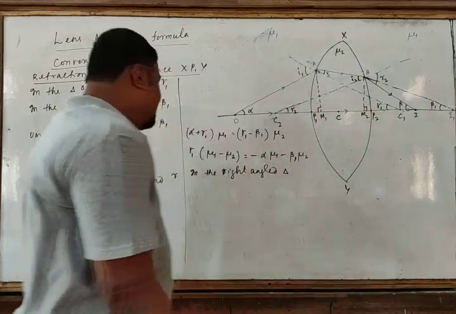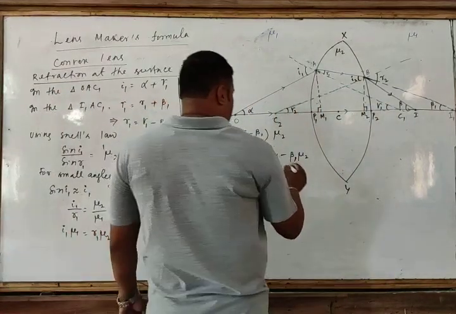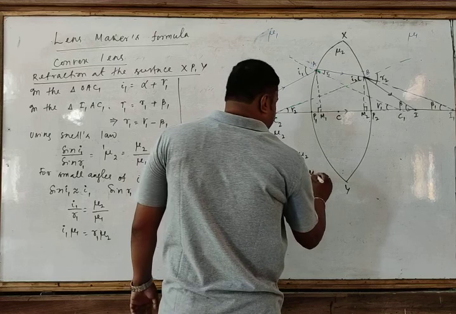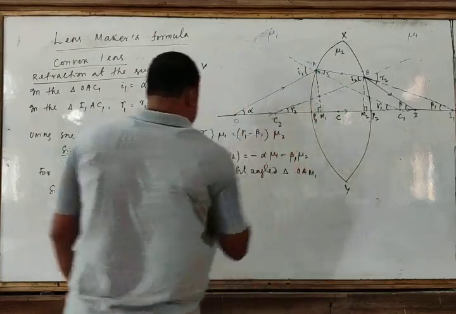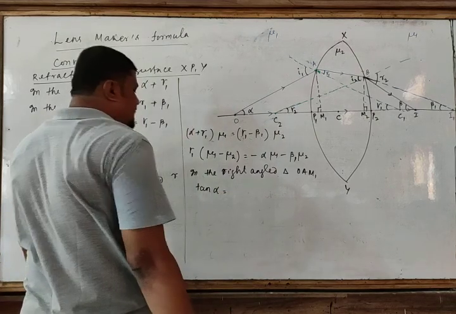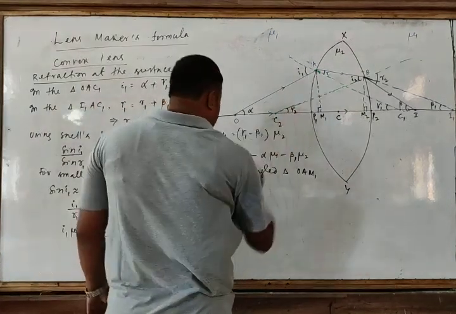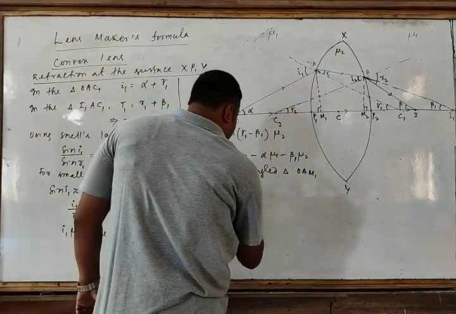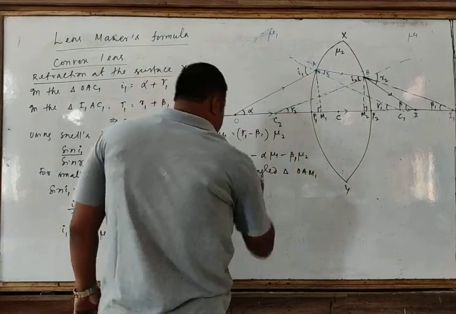So in that triangle OAM1, tan alpha is equal to AM1 by M1O.